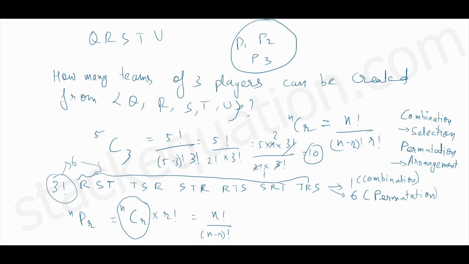So we first select using nCr, using combination, and once we are done with the selection, we'll arrange them in r factorial ways. I have an r factorial here. Yeah. So r factorial and r factorial get cancelled, so we get n factorial by n minus r factorial. So that's the basic difference between combination and permutation.